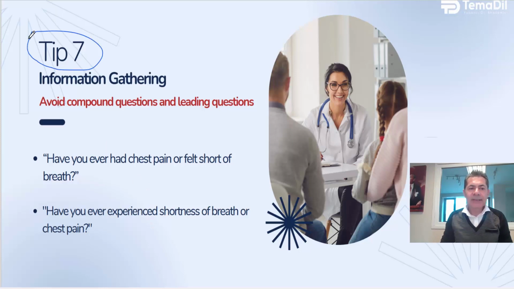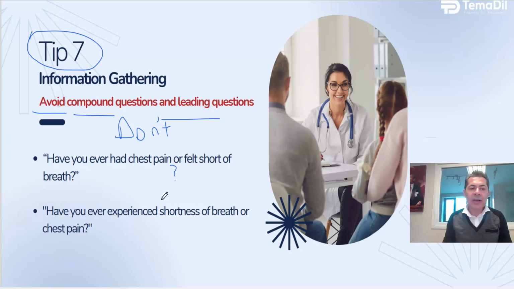On tip number 7, information gathering, there is something we need to pay attention to. We need to avoid compound questions and leading questions. I mean, don't do these during the exam. Have you ever had chest pain or felt short of breath? You can either ask, have you ever had chest pain, and finish here?